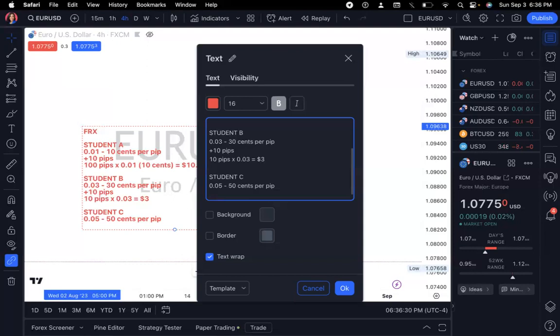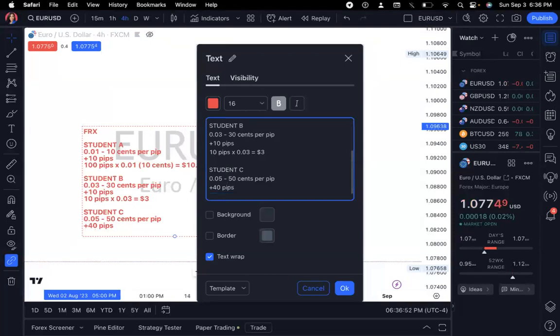If we know in our class we can secure a minimum of 40 pips in a singular trade, how much can we make in that trade using a 50-cent lot size? We're going to do plus 40 pips. Somebody tell me, if we do 40 pips times 50 cents, how much are we making in that trade? $20.